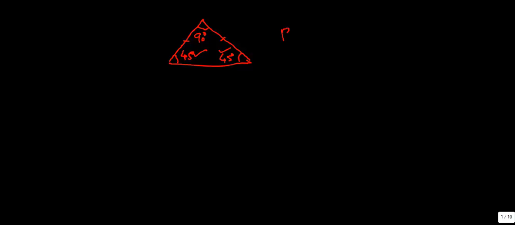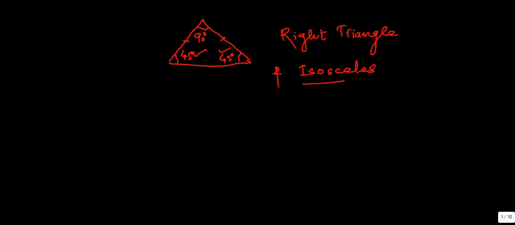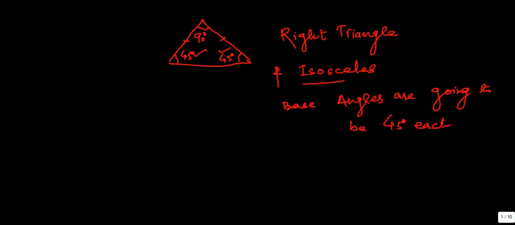So if it is a right isosceles triangle, then the base angles are going to be 45 degrees each, and the sides opposite to those angles are going to be equal.